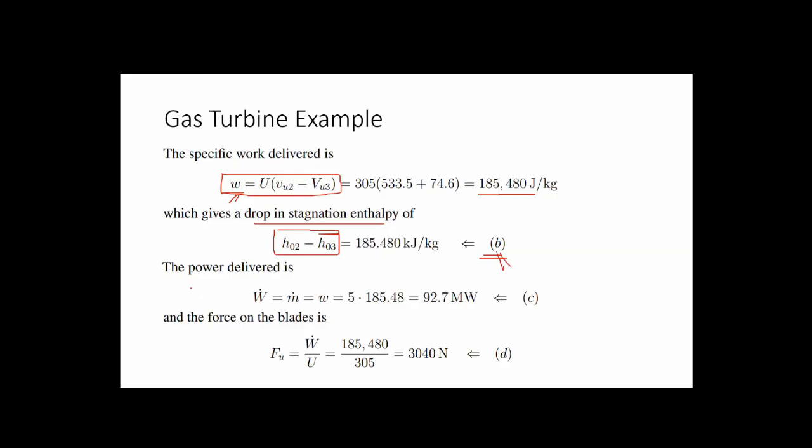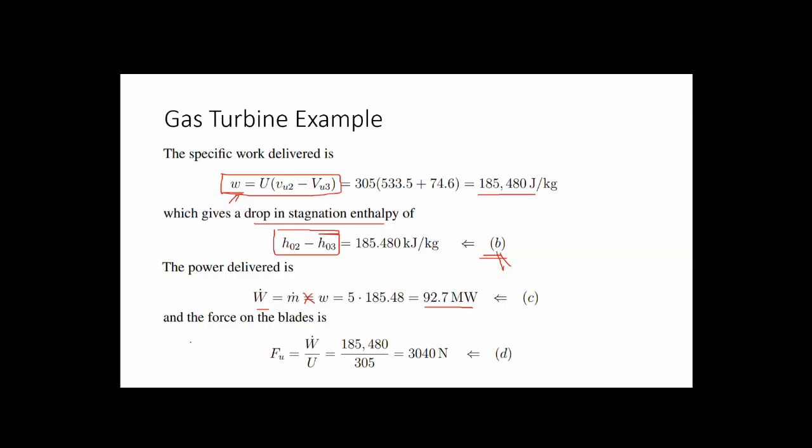And next, question C, the power delivered by the turbine. This should be multiplied: m dot multiplied by specific work, and we get the power delivered by the turbine equal to 92.7 megawatts.